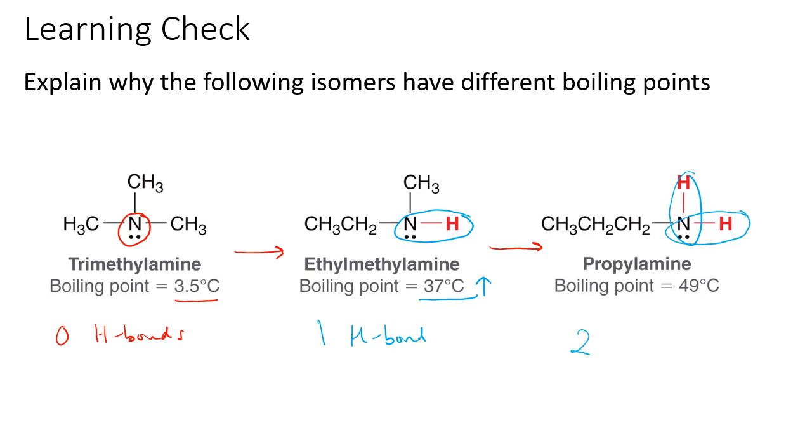So we have a total of 2 hydrogen bonds. And notice our boiling point jumped up to 49 degrees Celsius, so it increased even more. So the number of hydrogen bonds also will tell you how strong of a dipole or how polar your molecule will be. And boiling points and melting points will increase as the polarity of molecules increase.